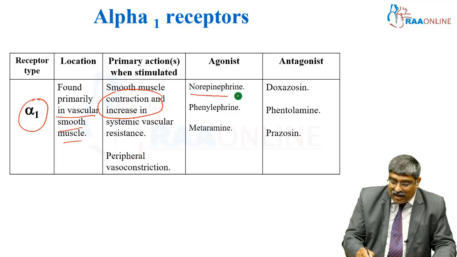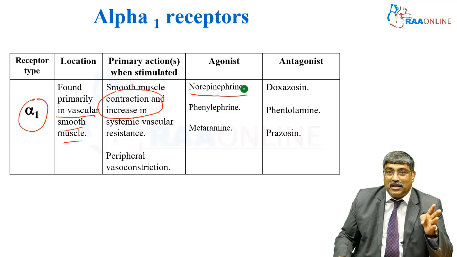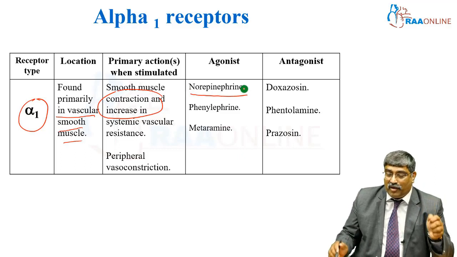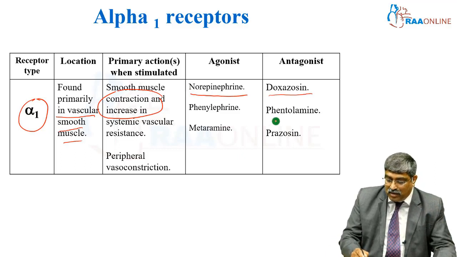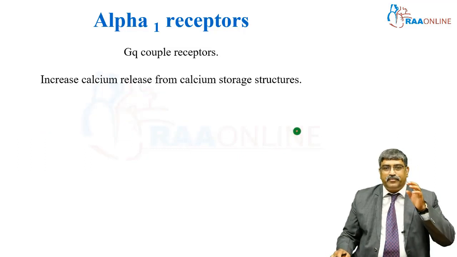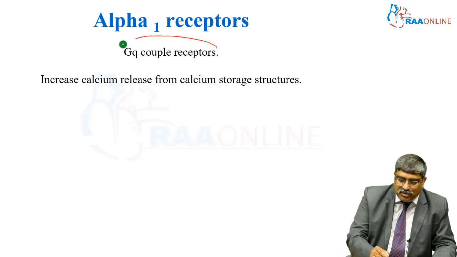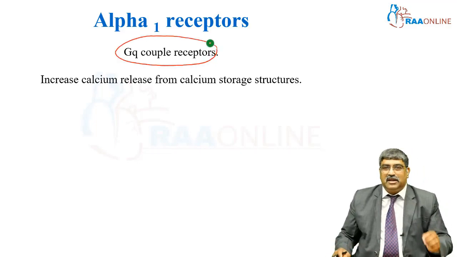The agonists of alpha 1 are norepinephrine, phenylephrine and metformin. The antagonists for alpha 1 are doxorubicin, phenethylamine and prazosin. Coming to alpha 1 receptors, here it acts through a Gq coupled receptor.